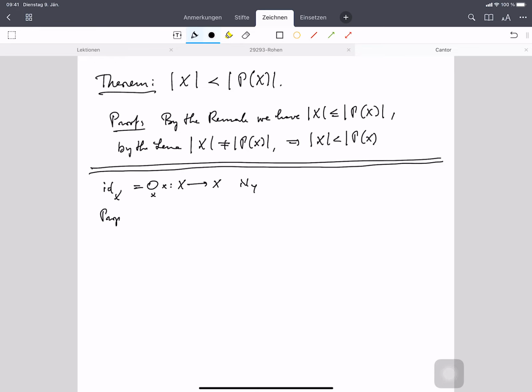Now some easy propositions. Assume that X is different from the void set.